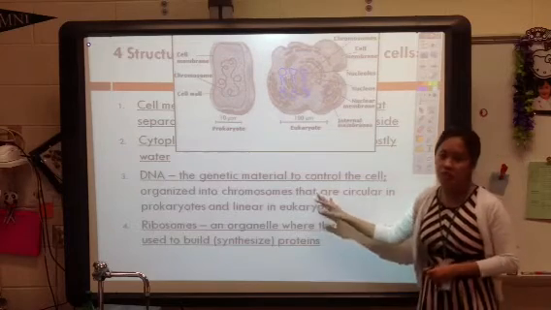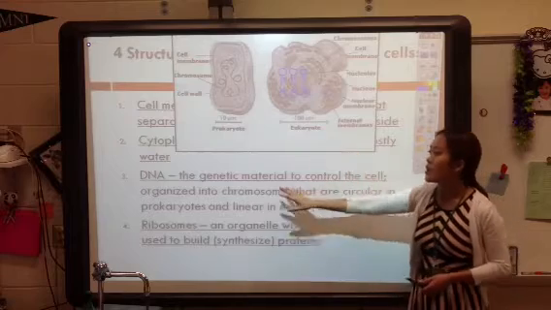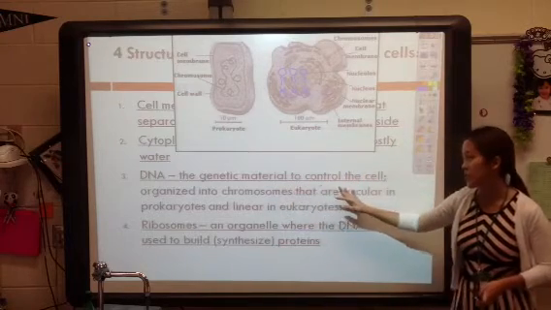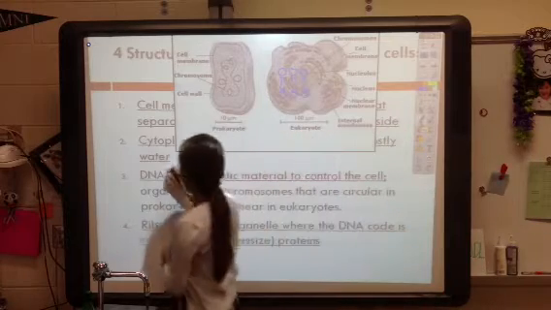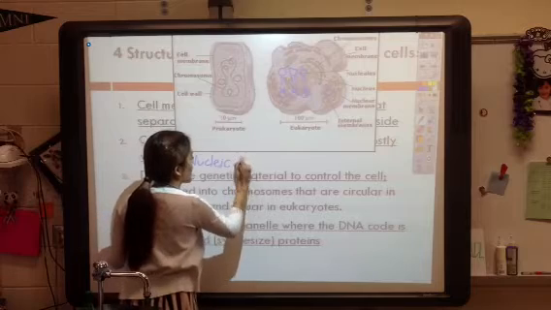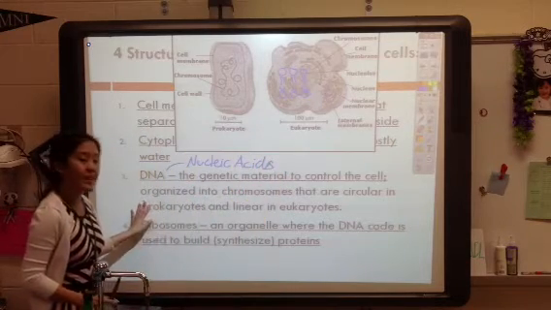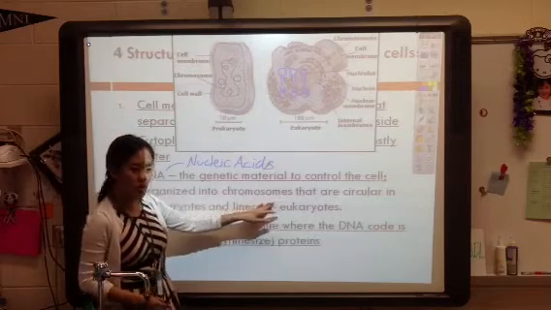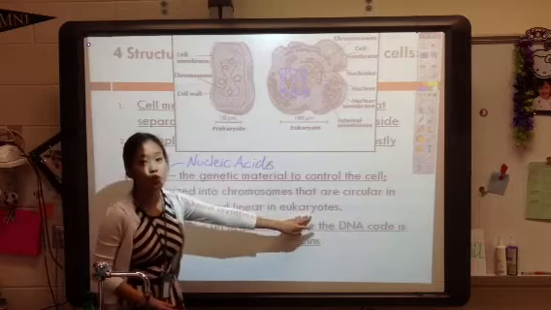Then the third structure that all cells have, prokaryotic and eukaryotic, is DNA, that genetic material to control the cell. Remember that DNA was one of our types of nucleic acids. Okay. They're organized into what are known as chromosomes that are circular in prokaryotes and linear in eukaryotes.